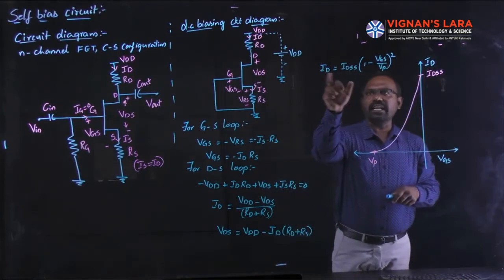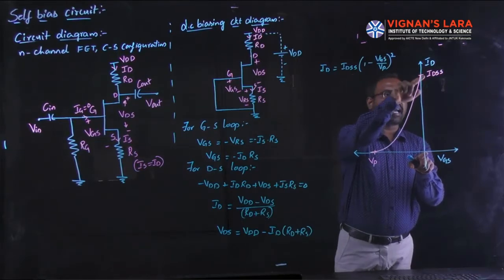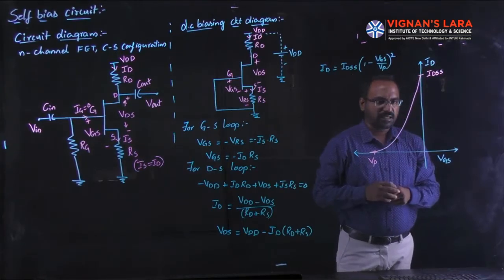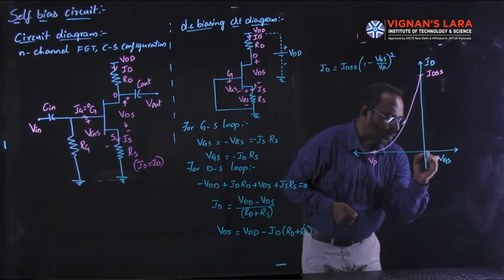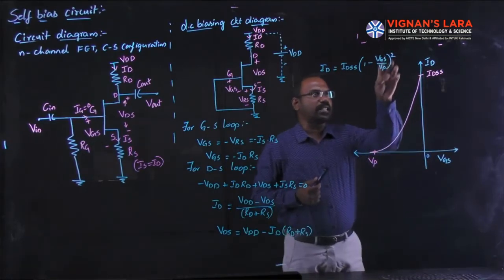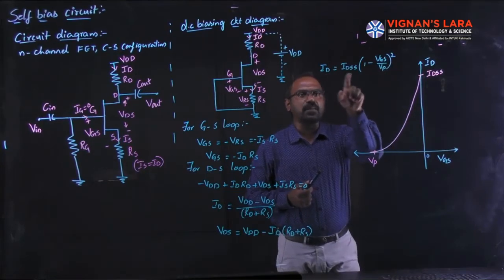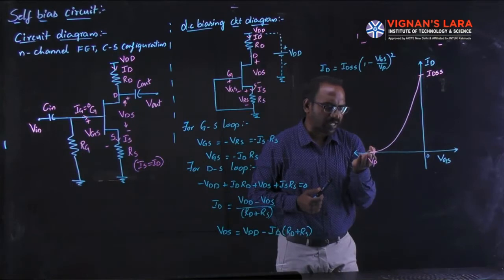Then only ID will be IDSS. So when VGS is 0, ID is maximum value, IDSS. So this is the point. When VGS is equal to VP, put VGS equal to VP, then what will happen? 1 minus 1, ID will be 0. That is the reason why your point is lying in this.